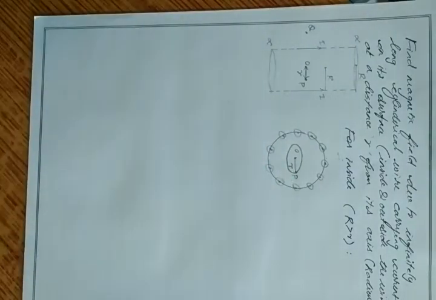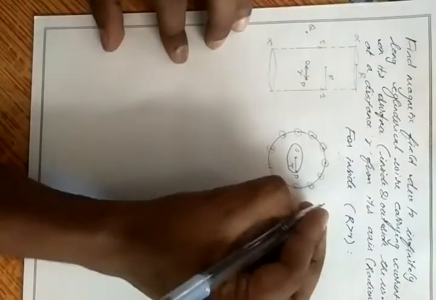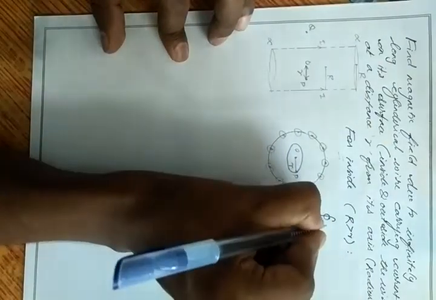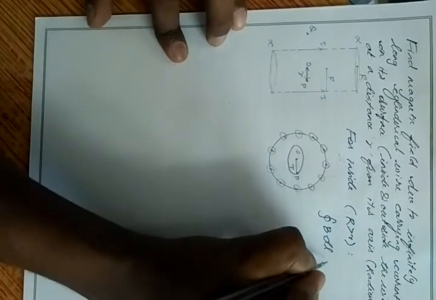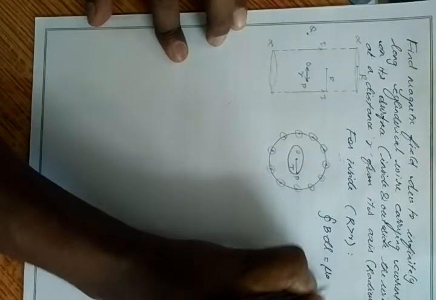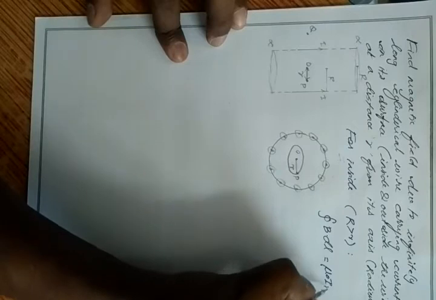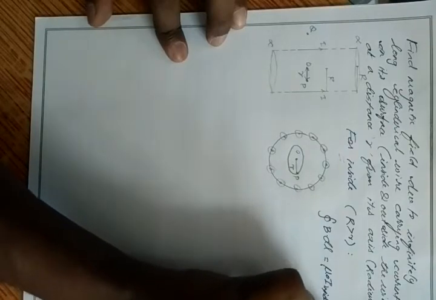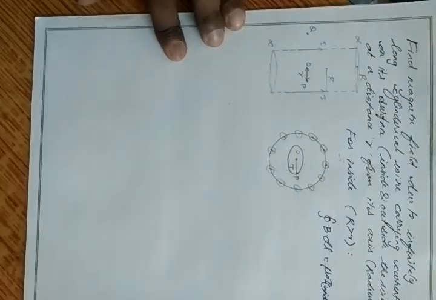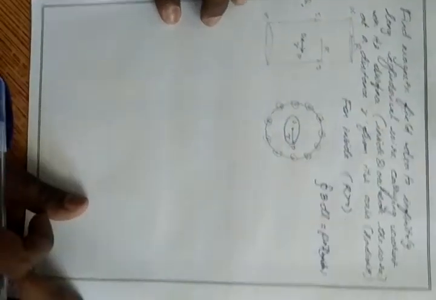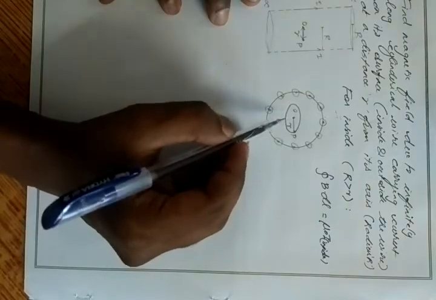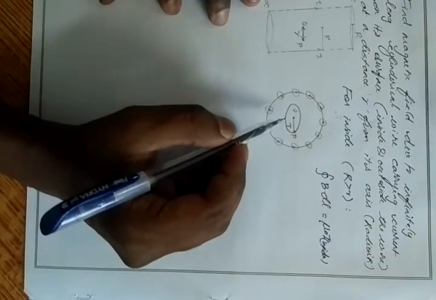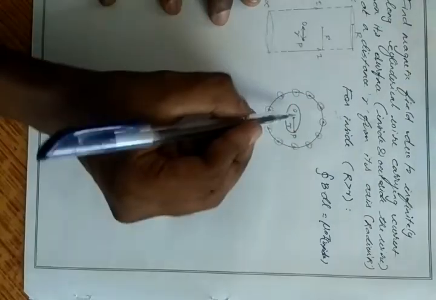So I can write Ampere's circuital law: closed integral of B dot dl equals mu naught I inside. If you see this diagram, what is the amount of current inside the loop?